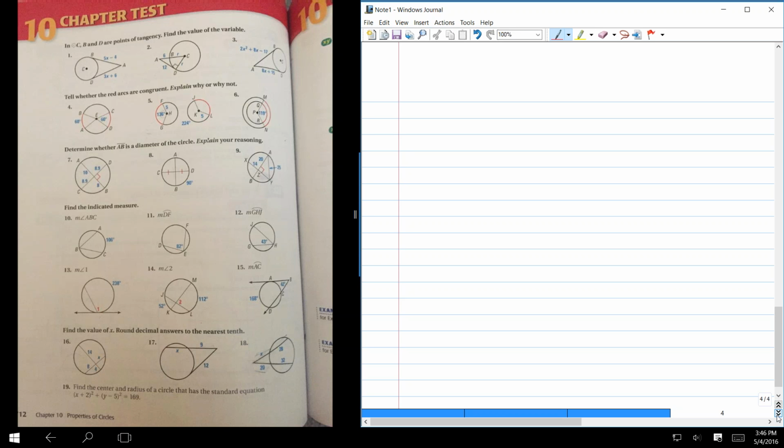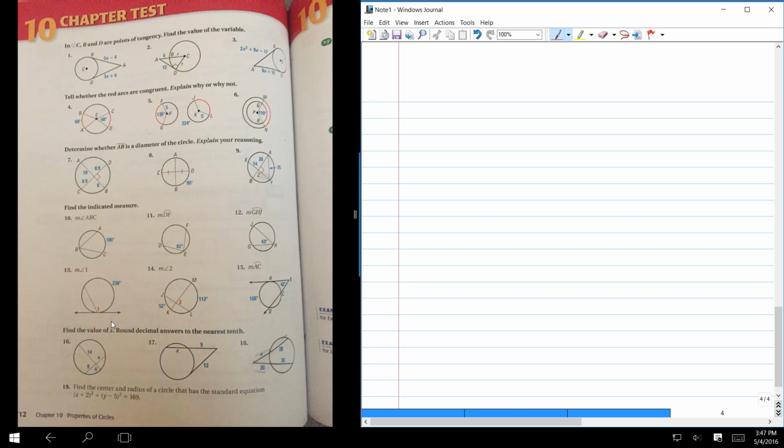Number 12, the measurement of arc GHJ. So then that's 86, and then 360 minus 86 is 274. That's right, okay.